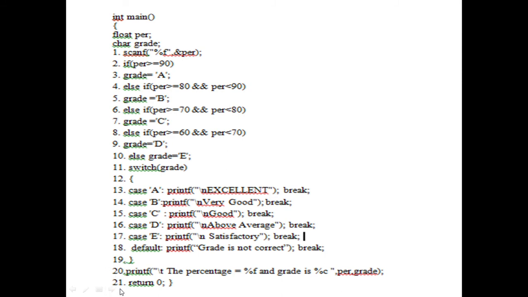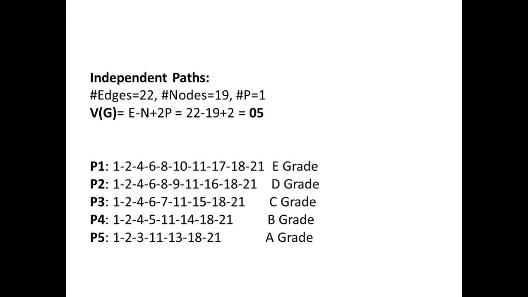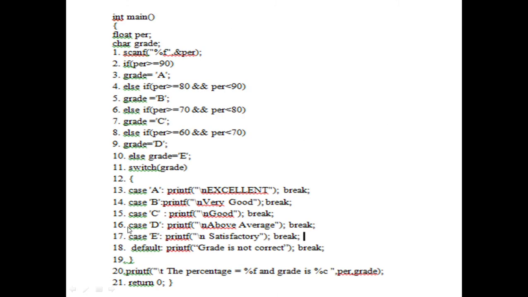So this is the path to print grade A. So 1, 2, 3. From there it will come to 11, 13, 18 and 21. Line 19 is the closing bracket of this, so 18, 20 and 21. So this is the path.